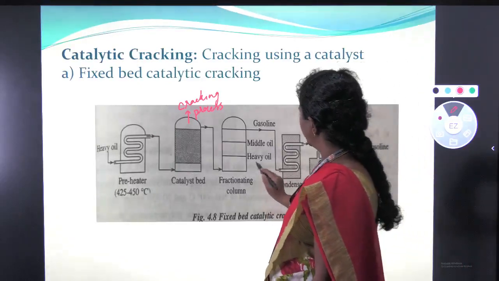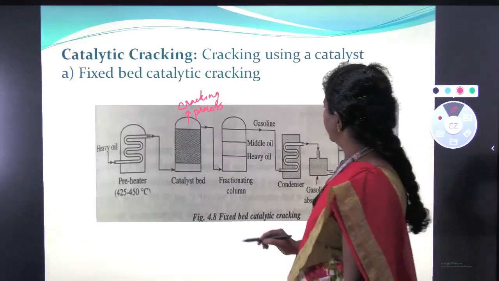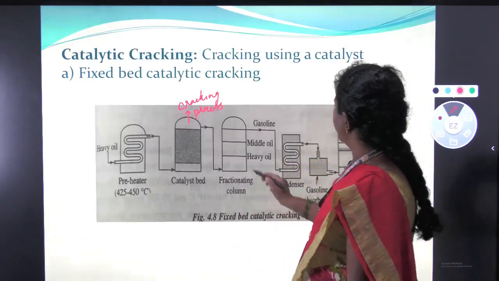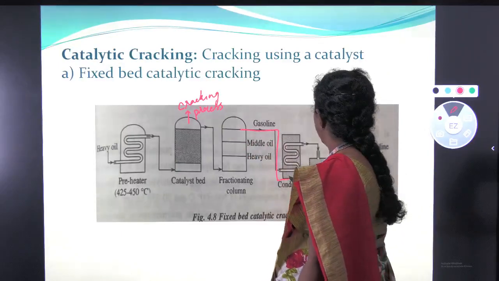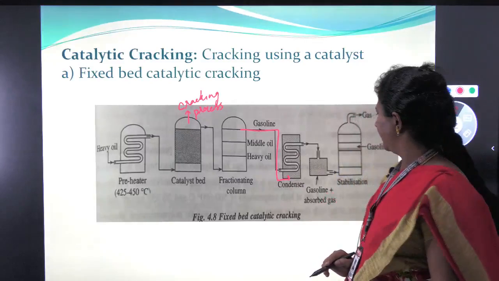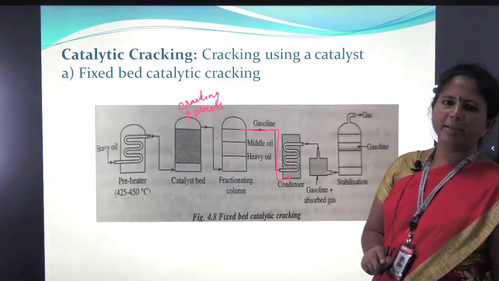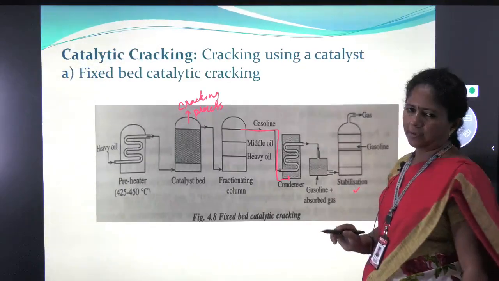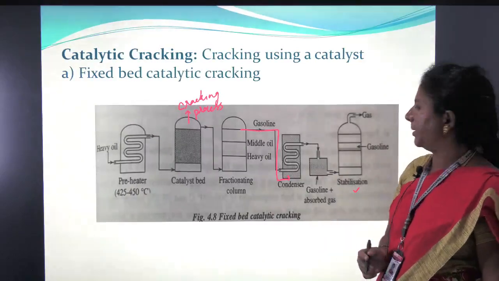Here in the fractionating column, different fractions will be separated depending on the difference in their boiling points, and the gasoline vapors will be cooled by passing into a condenser. After that, gasoline will be stabilized by the stabilization process. We will discuss in detail about the stabilization process in the next coming videos.